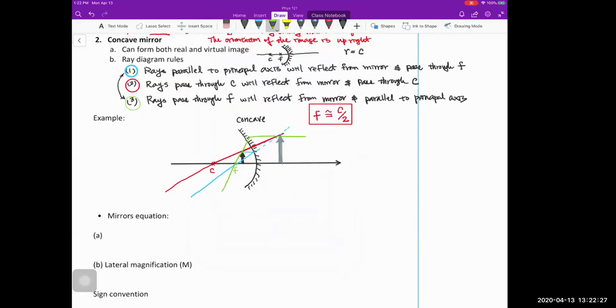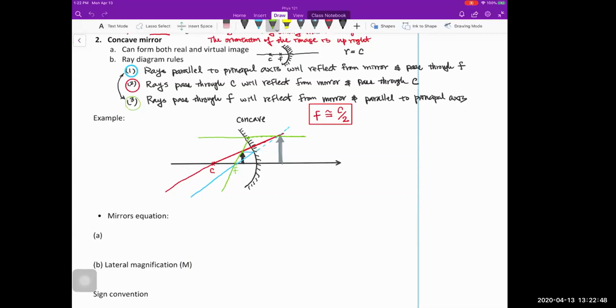It's supposed to bounce back parallel to your principal axis. But on the back of the mirror, you can see a dashed line like this, and they will all intersect at the same point. That's where you find the location of the image.